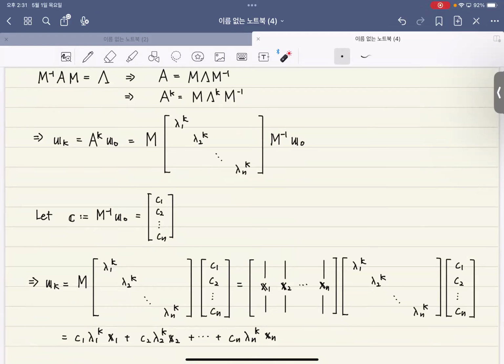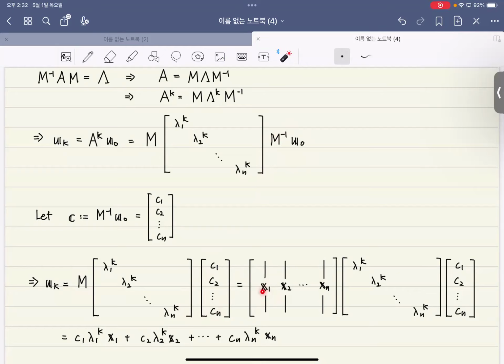For simplicity, I will define the column vector C as M inverse times the initial condition, which I will denote from C1 to Cn. Then UK is going to be M times this diagonal matrix times this matrix C. You know what the matrix M is: it consists of eigenvectors as columns.